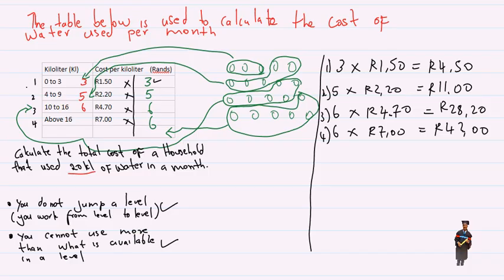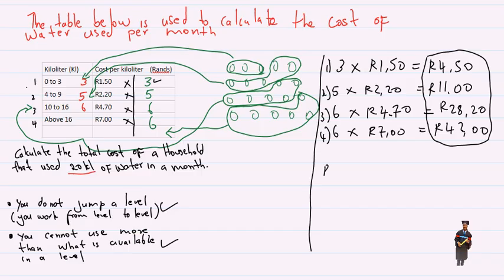The question was not requiring me to calculate the total cost of each level, but the total cost of using 20 kiloliters in a month. So you simply add all these costs of each level together. That will be your total cost.